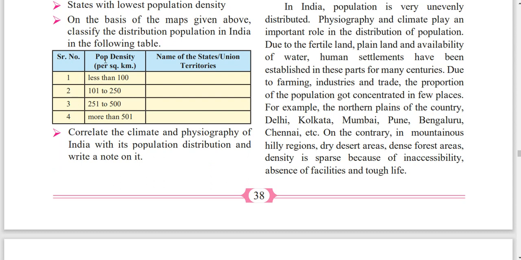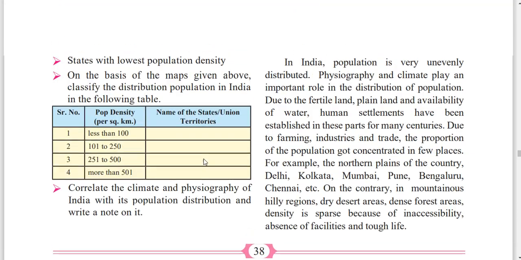Serial number 1, 2, 3, 4. Population density per square kilometer: less than 100, 101 to 250, 251 to 500, more than 501. Name of the states or union territories will be written here. Correlate the climate and physiography of India with its population distribution and write a note on it.